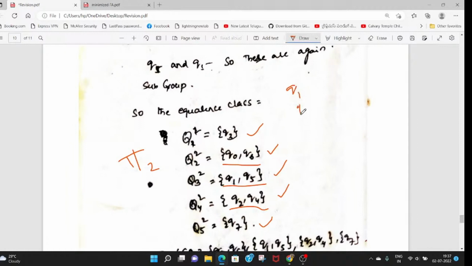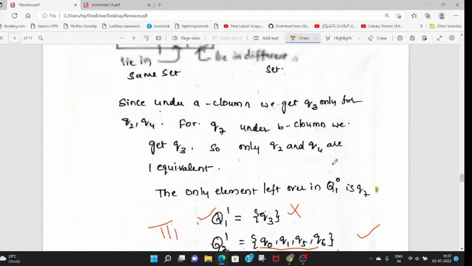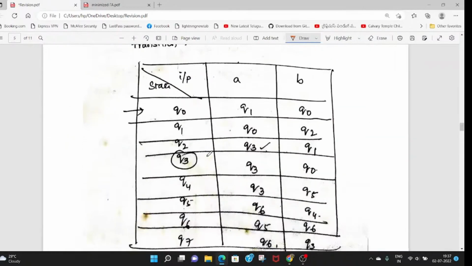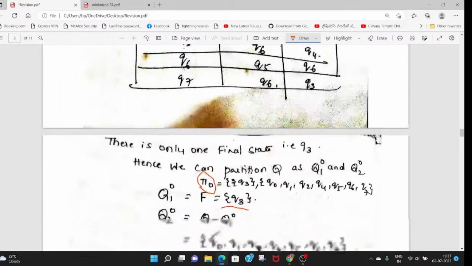Q1, Q5 with possible inputs A and B. So what are you getting? With possible inputs A and B, Q1, Q5: Q1 goes to Q0, Q2 and Q5 goes to Q6, Q4.